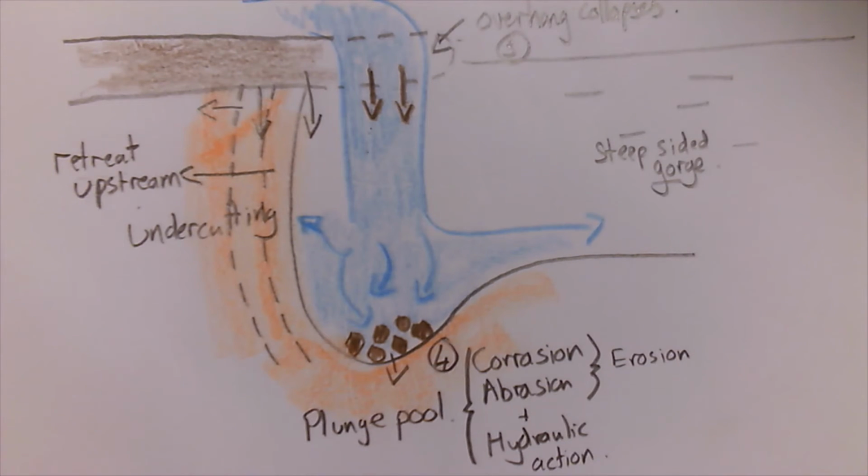So as the waterfall retreats upstream, what landform does it create? Ifra. Very good. Yes, a steep-sided gorge. Now, what is a steep-sided gorge?